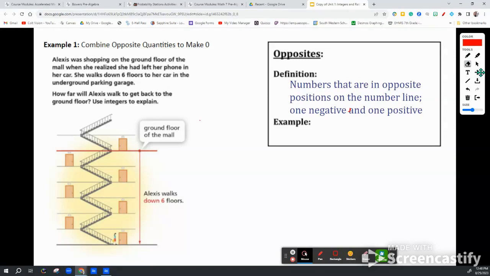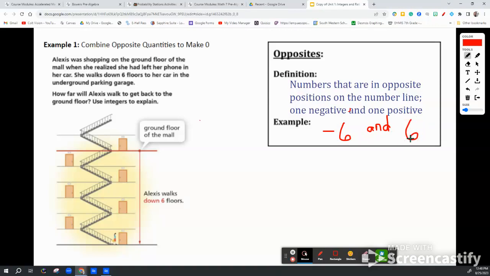So a definition of opposite, and you can write this on your paper off in the margin. Opposites are numbers that are in the opposite positions on the number line where one is negative and one is positive. So an example of opposites might be -6 and, I'm not going to put a comma, I'm going to write the word and, 6.